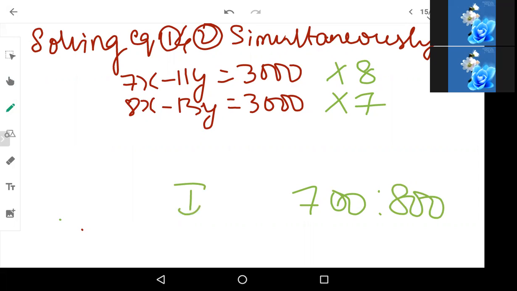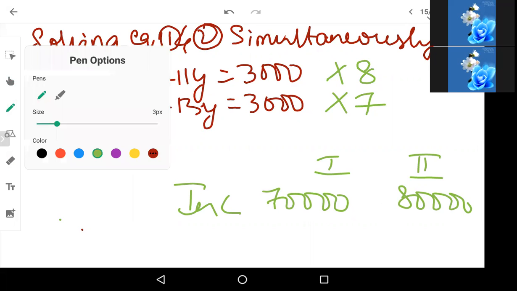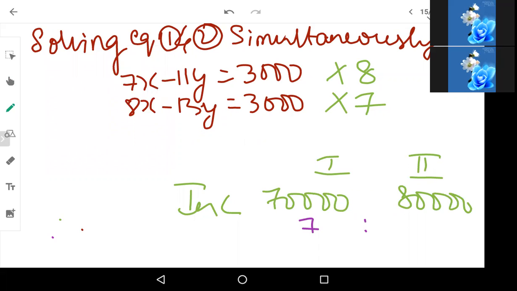Suppose the income of the first person and second person is 70,000 rupees and 80,000 rupees. 70,000 is the income of the first person, 80,000 is the income of the second person. Now, if you see here, they will come back to the ratio of 7 is to 8.